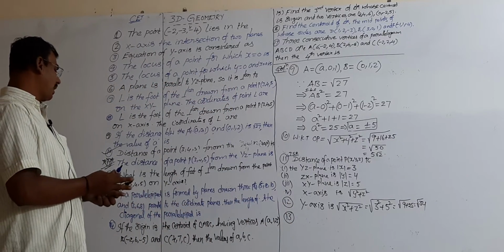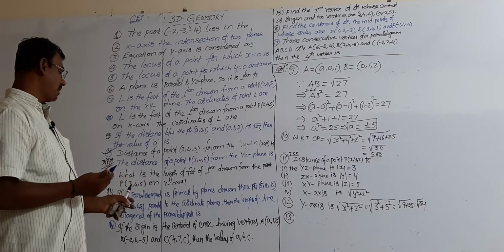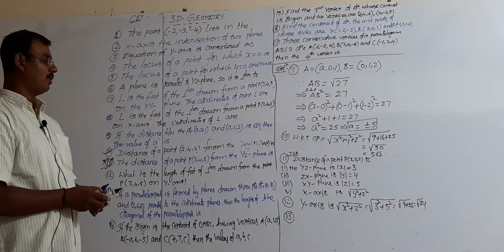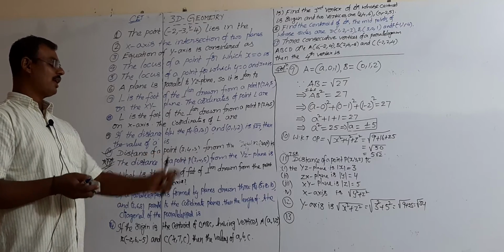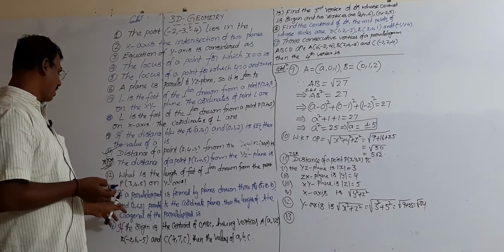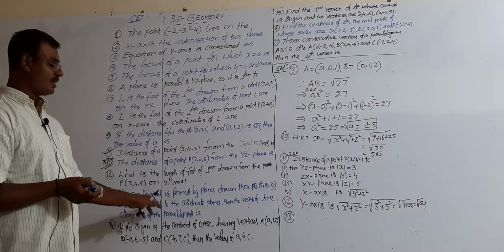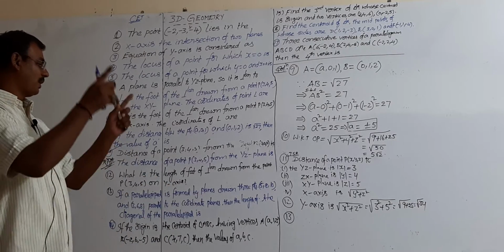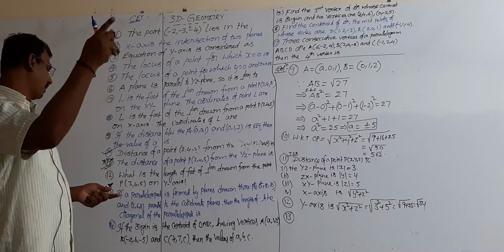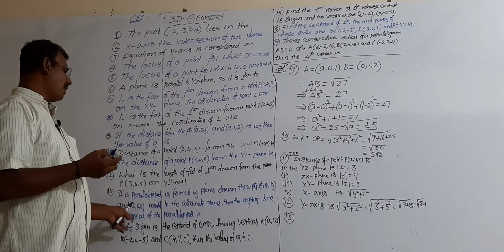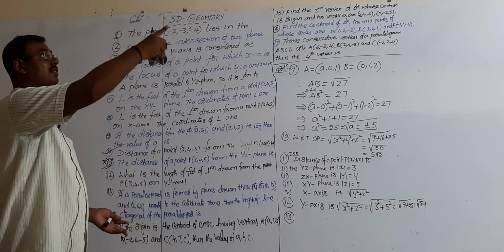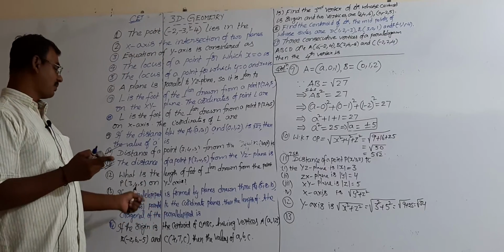If a parallelepiped is formed by planes drawn through the points (5, 8, 10) and (3, 6, 8) parallel to the coordinate planes, so planes are formed passing through the 2 points. What is the length of the diagonal? The diagonal means the distance between 2 points.